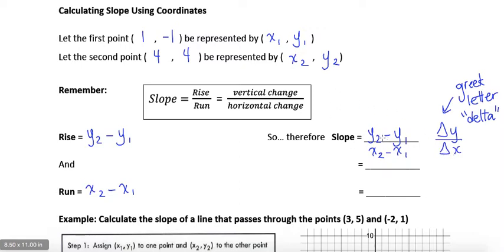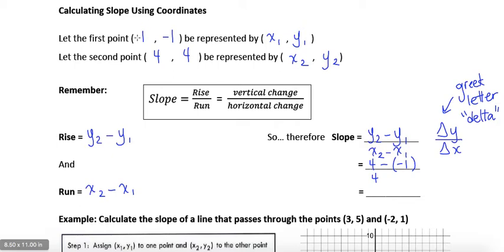So what is our y2 minus our y1? So our y2 is our 4. Our y1 is our -1. So we're subtracting -1. So don't forget to include both of those signs. And then for my run, so my x2 minus x1, my x2 is 4.